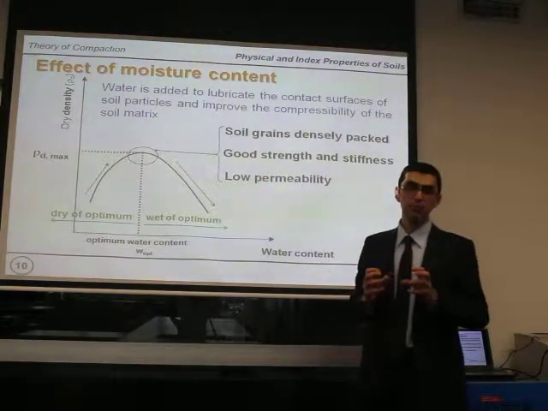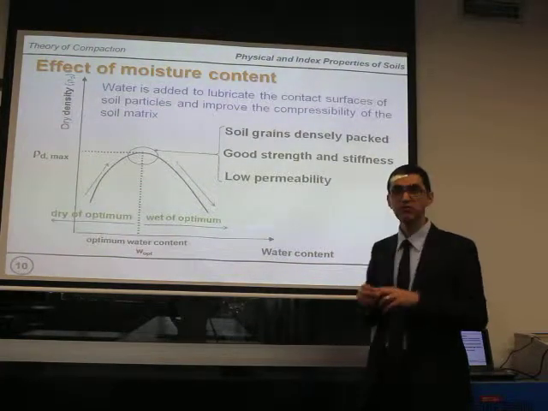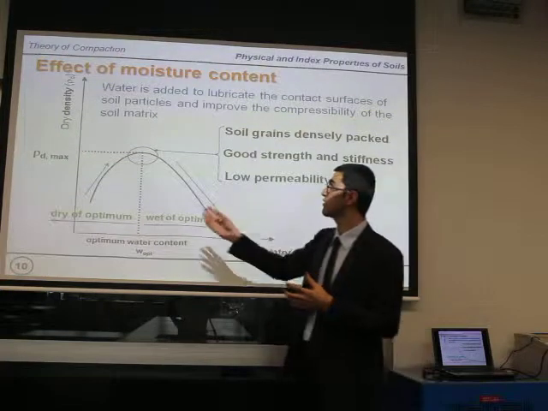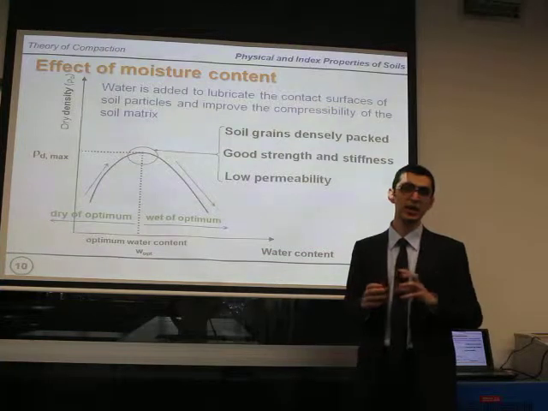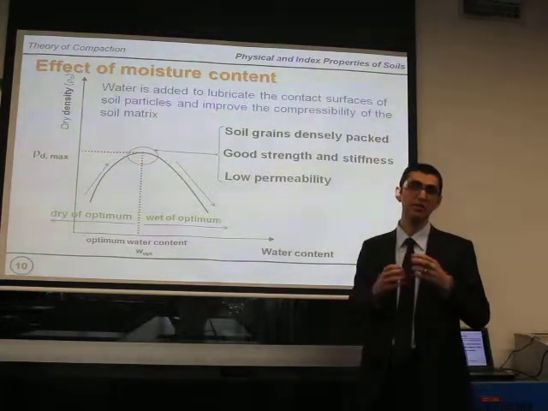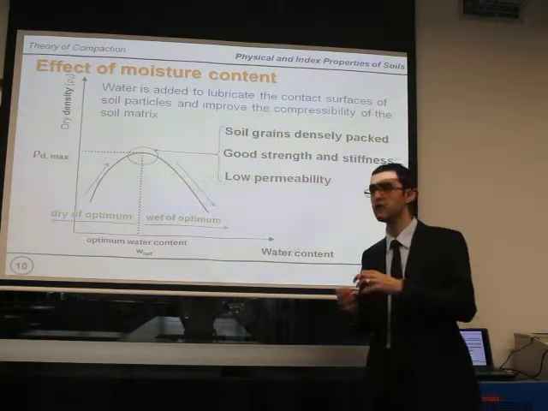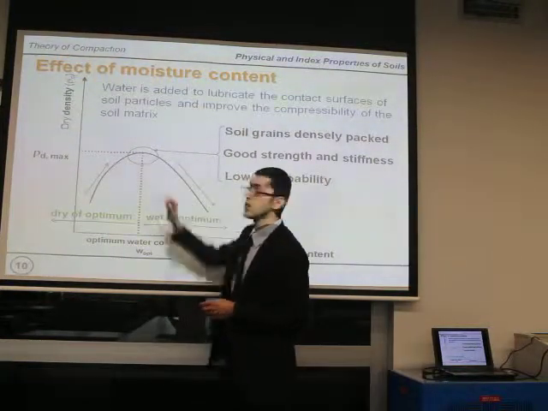The friction forces between the particles are quite large, and that's why it's very difficult to compact a specimen. So therefore you have less dry density. But adding some amount of water will create a film around the particles, and it acts as a lubricant. So the particles can easily rotate and rearrange in a denser configuration. That's why the dry density increases.